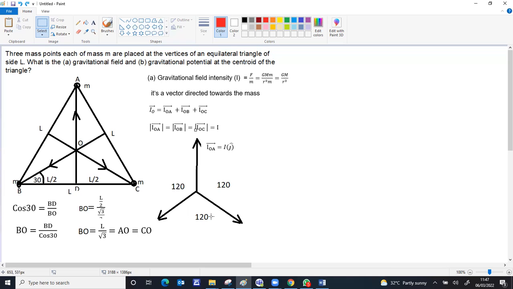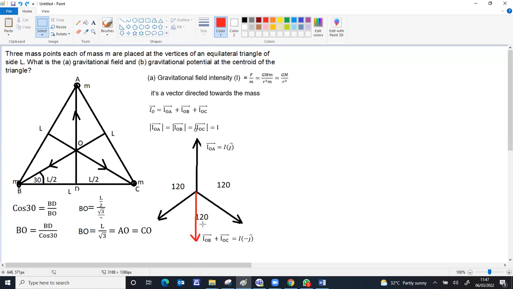You learn a concept in vector addition: two equal vectors acting at 120 degrees, the resultant will be the same as one of the vectors, along the bisector. For example, I OB is I, I OC is I, acting at 120 degrees, the resultant again will be I, but the direction is minus j cap. So I OB plus I OC is the same as I along negative j cap.